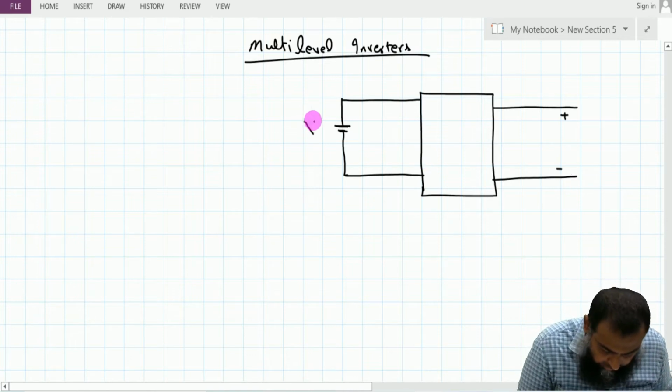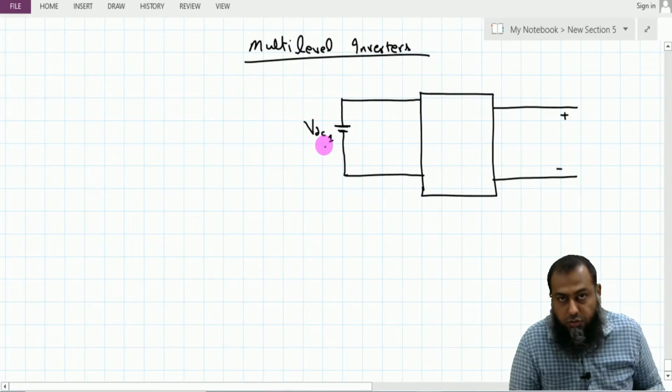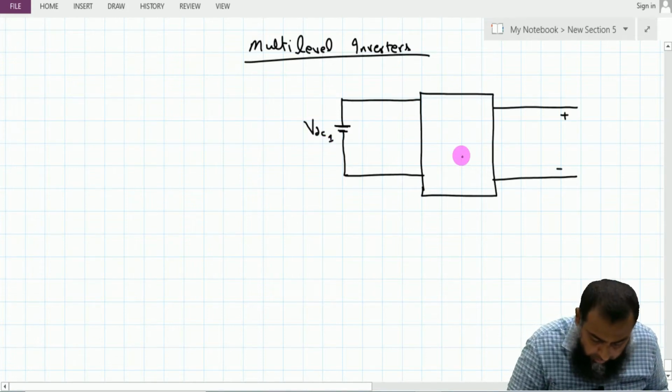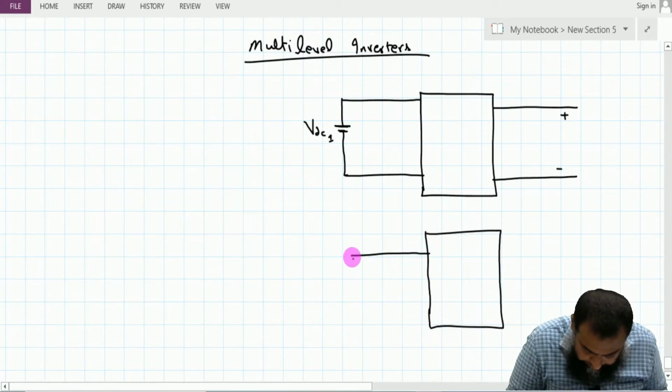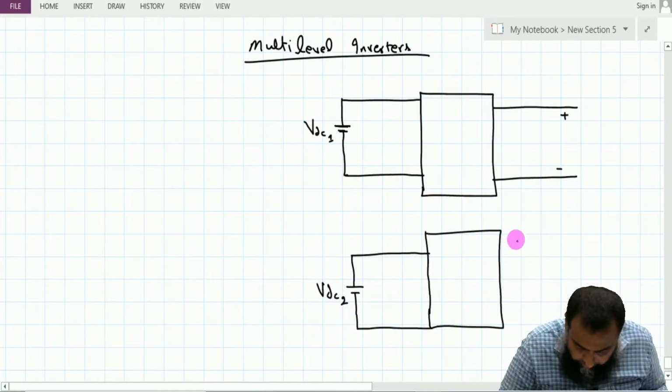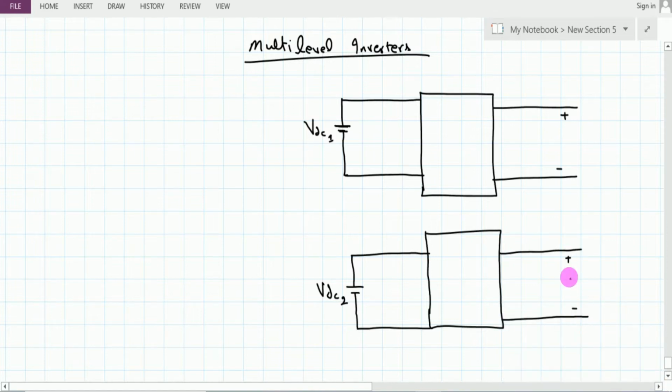This is VDC1, which is the DC voltage source for the first inverter, and let us have another inverter here, connected with another voltage source, which is of course a DC voltage source. We call this one VDC2, and it also has an output which is measured across positive and negative terminals.